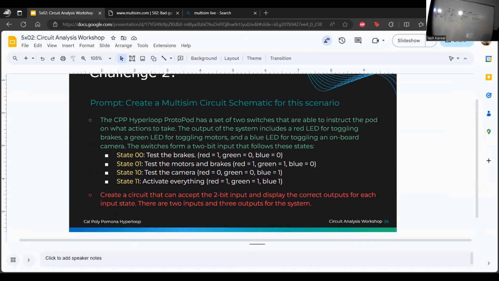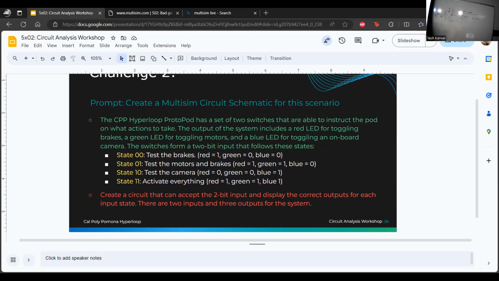So the Hyperloop, the CPP Hyperloop protopod has two inputs, right? And depending on whether you use the motor, if you step on the brake, if you use the camera, or if you want to use all three of them, they all have a different color representing it, right? So this is now going into digital logic.